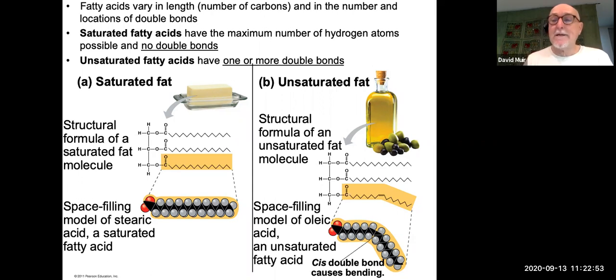You want to avoid it. Saturated fats are predominantly, not entirely, but predominantly animal in origin. Things like cream, butter, those are all saturated fats. And you just remember that they're solid at room temperature, because think of butter. It's solid at room temperature.